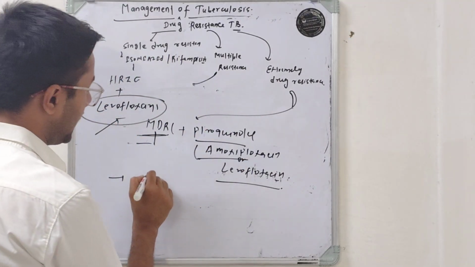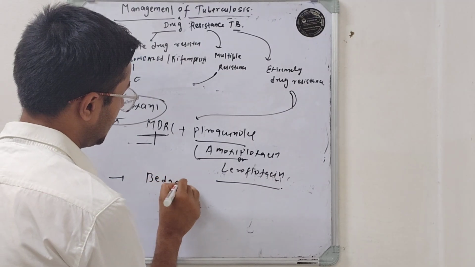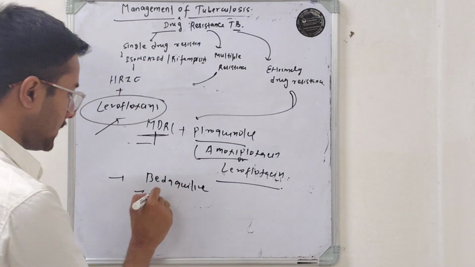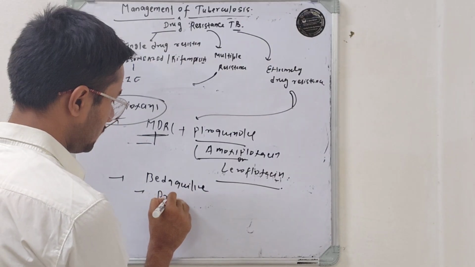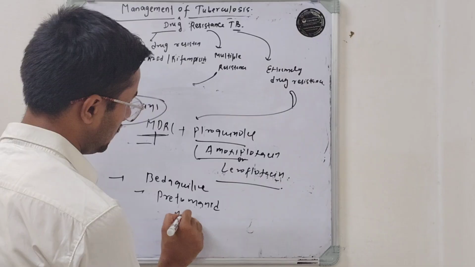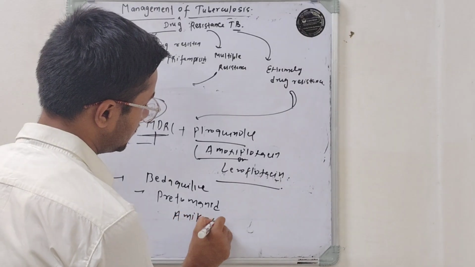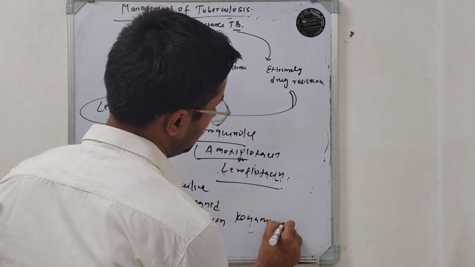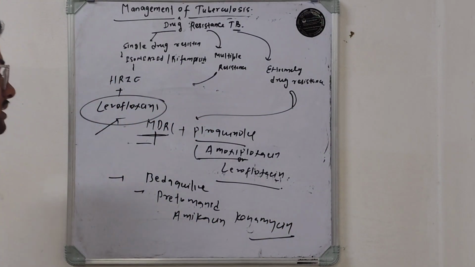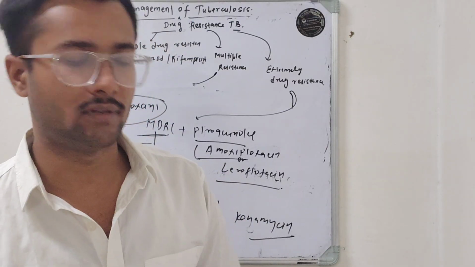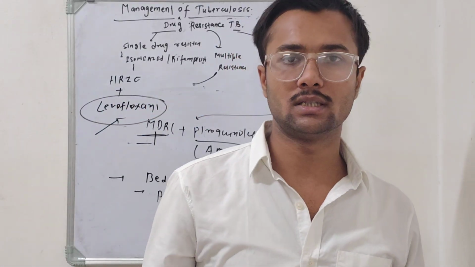We use second line drugs like bedaquiline, pretomanid, amikacin, and clindamycin. These are the second line drugs given for extremely drug resistance TB.